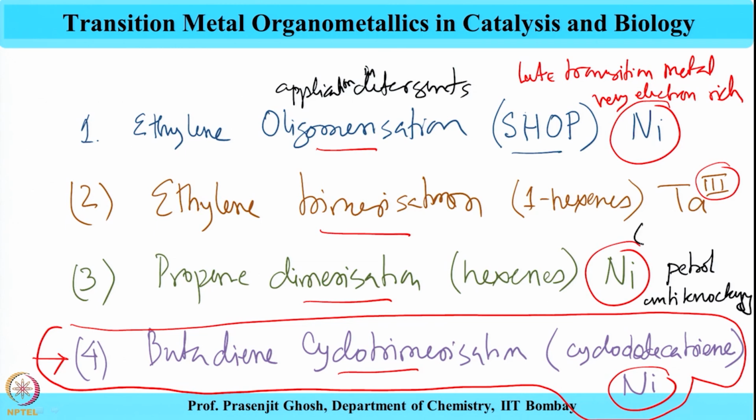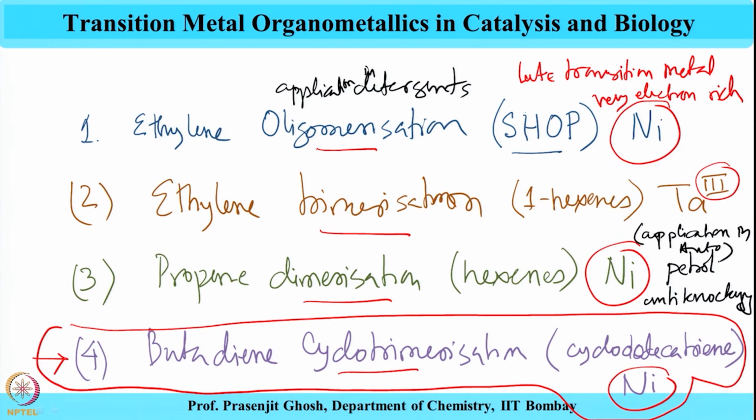This is an application in the auto industry, and this ethylene trimerization is providing very selective 1-hexenes, which are also used for commercial purposes.